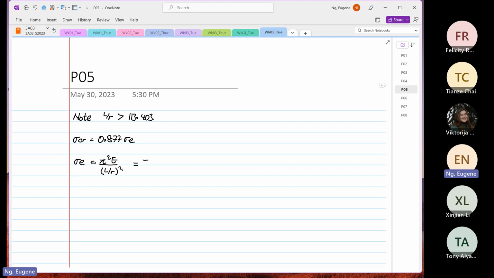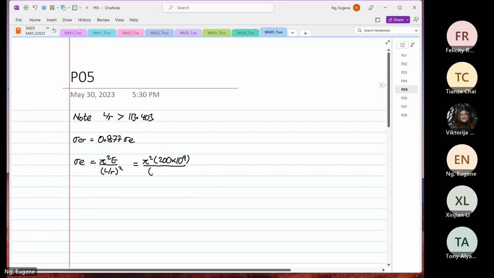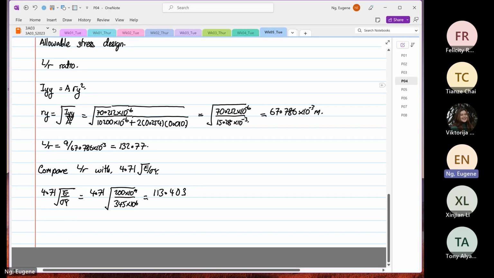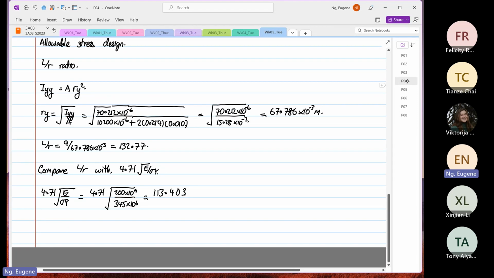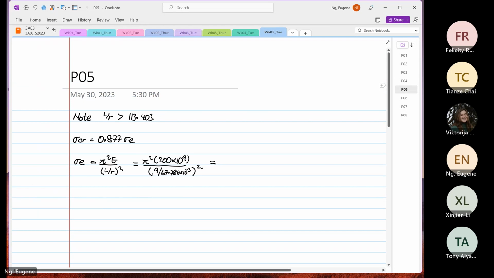So this will be pi squared times 200 times 10 to the power 9 over the length, I think the length is 9, and our radius of gyration is 67.786 times 10 to the power minus 3, and then the whole thing squared.